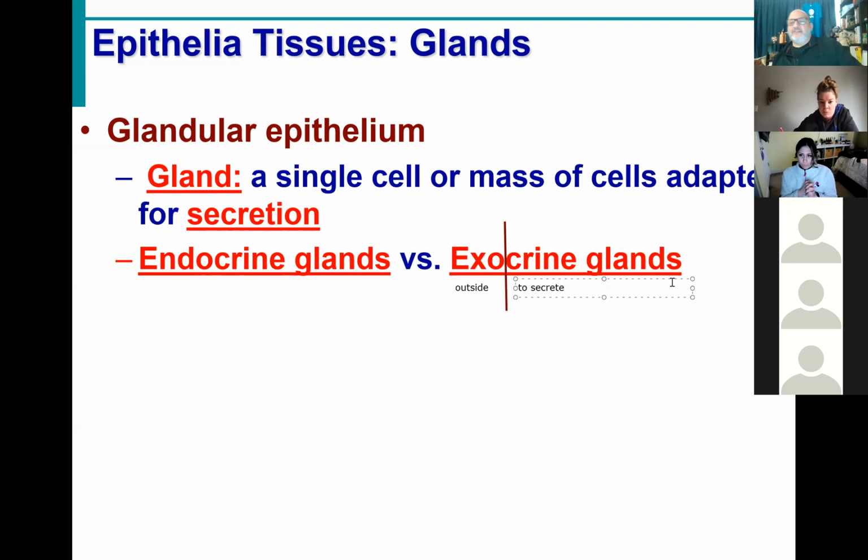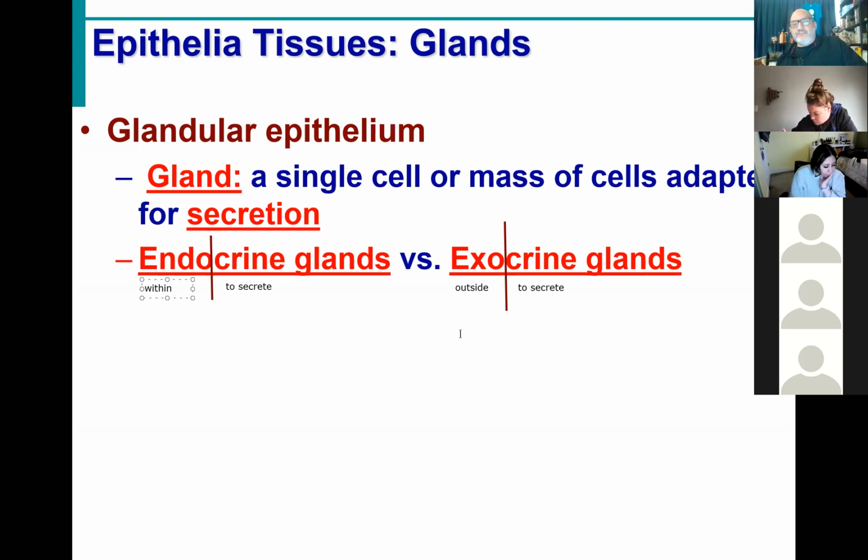So exocrine glands literally secrete outside of the body. Conversely, then endocrine, crine still means to secrete. So what does endo mean? Yeah, within or inside, within the body. So basically, endocrine glands secrete their substance within the body. Exocrine glands secrete outside of the body.